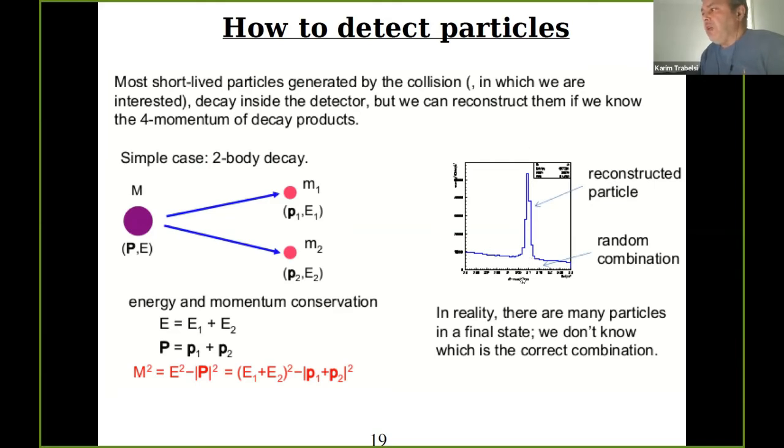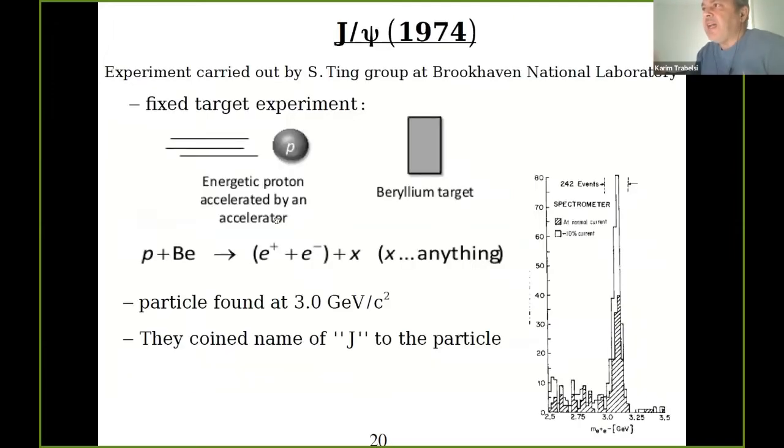And this is an illustration here of what we would expect after reconstructing the invariant mass of all the two-body combinations, after selecting, of course, your muon to suppress this background. So this is exactly the way it has been done.